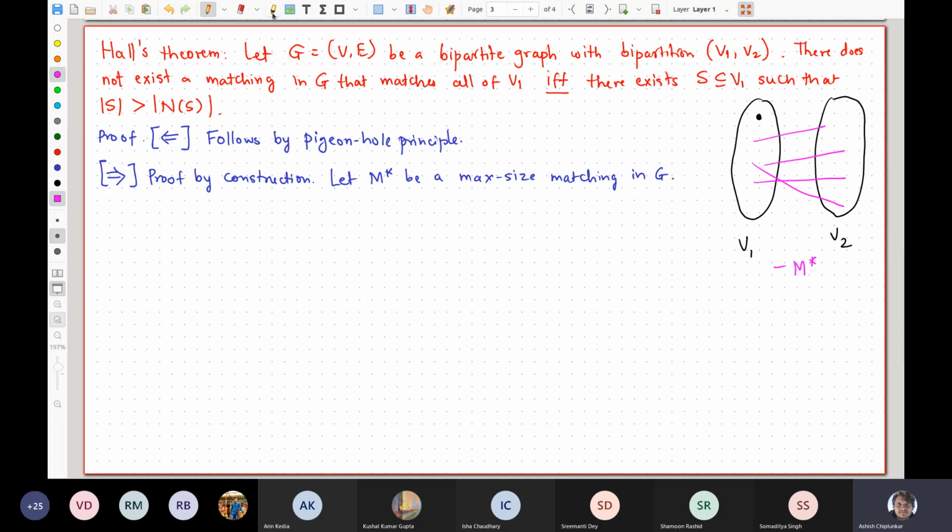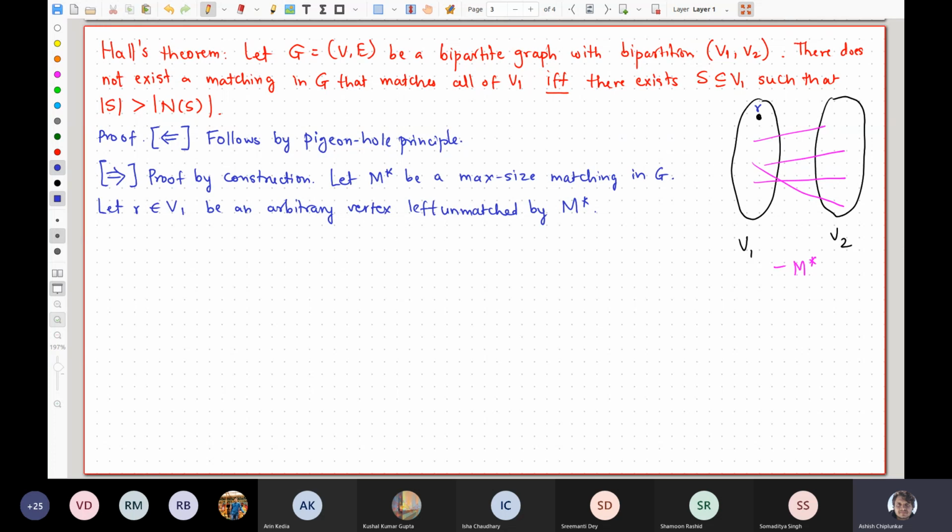Let's call this vertex R. Let R in V1 be an arbitrary vertex left unmatched by M star. Take any one, that's good enough.